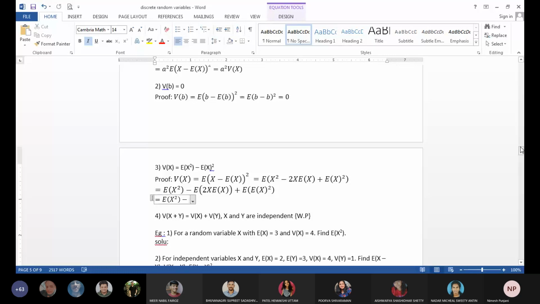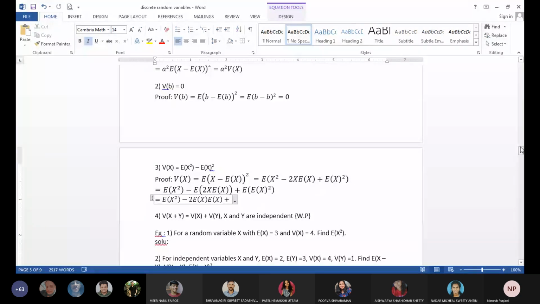So using the property of your expected value, जो second term है उसको मैं ऐसा लिख सकता हूं. 2 scalar है तो that will come out. I am using the property expected value of ax, that is a times expected value of x.